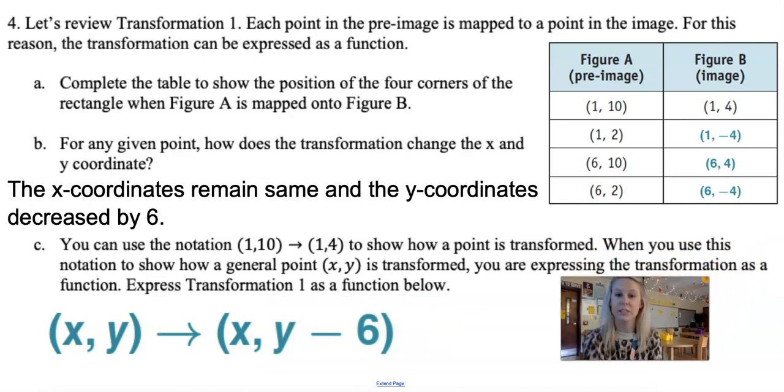This is how you would write a function rule to describe the transformation. You always start with (x, y) with an arrow, and then my x has stayed the same, so there's no number. My y is subtracted by 6. All right, so that was transformation 1, and we're going to move on to transformation 2.